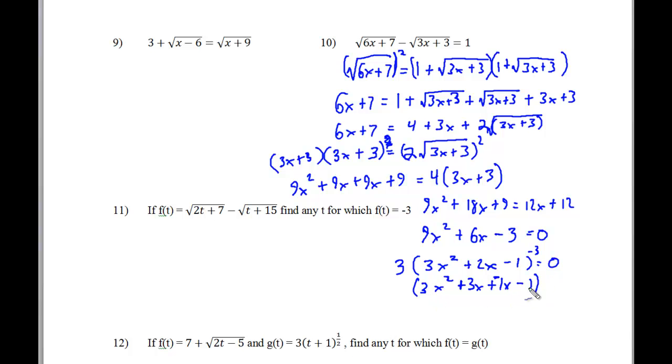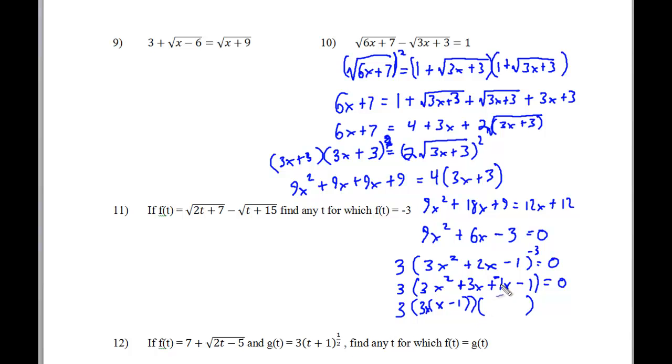There's still a 3 on the outside here. Some people have probably already gotten rid of it because you can divide both sides by 3. So 3 times the quantity, let's factor this into groups here. Factoring out a 3x here gives me an x minus 1.